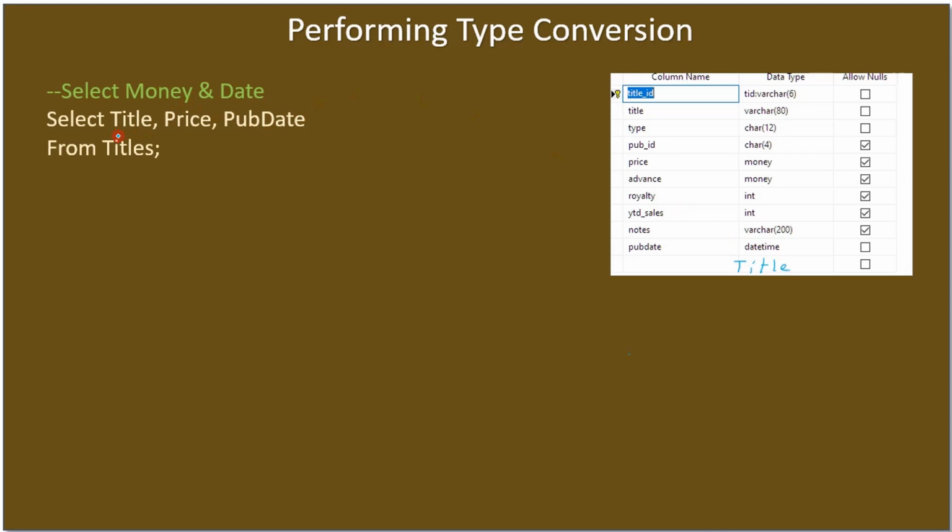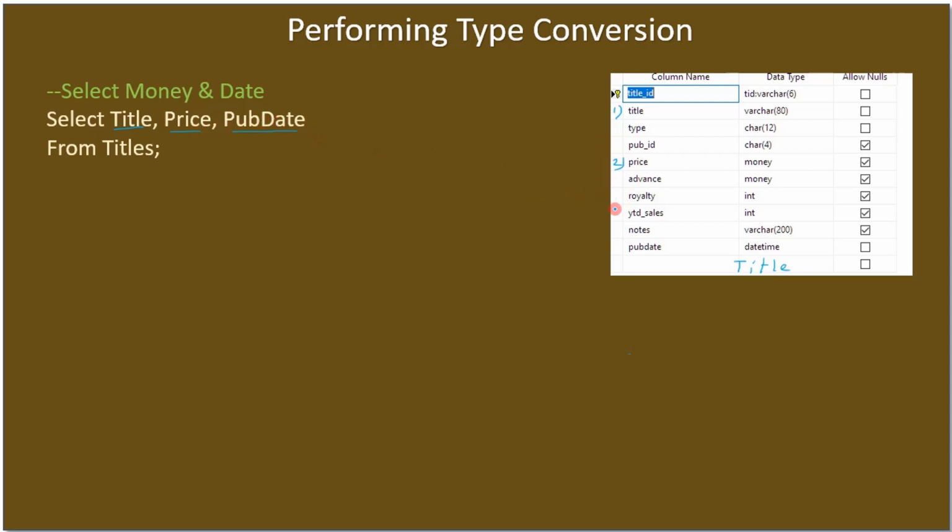Here, first we are listing title, price, and publishing date from the titles table. The first column, title, is a varchar type. The second one is price. The data type here is money. That's what we are picking.